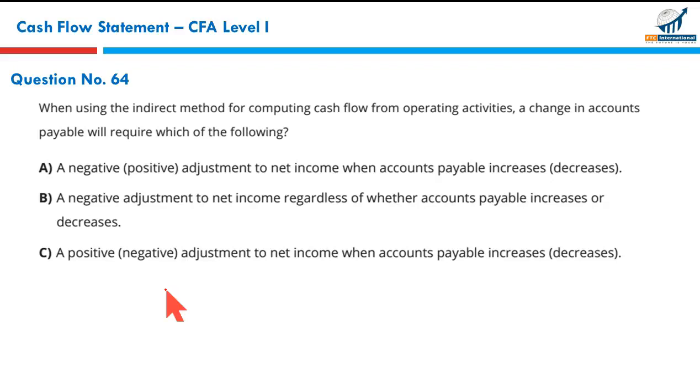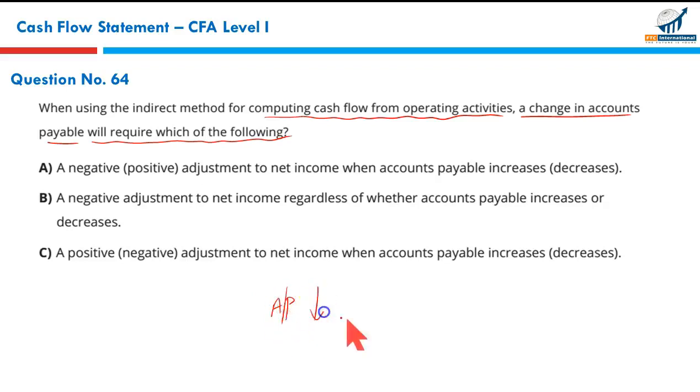A it is. When using the indirect method for computing cash flow from operating activities, a change in accounts payable will require which of the following? Change in accounts payable. If accounts payable have fallen over the period, it's an outflow. If accounts payable have increased over the period, it's an inflow. Let us find this arrangement.